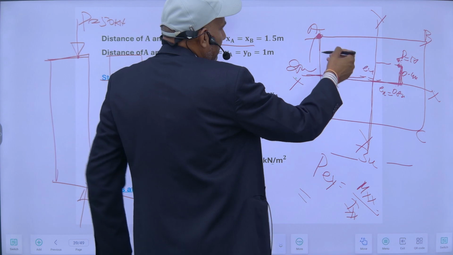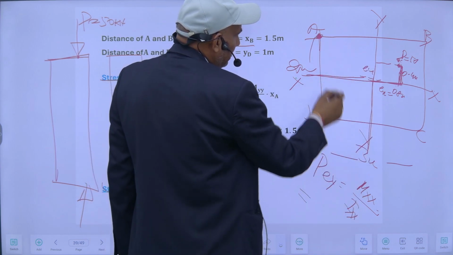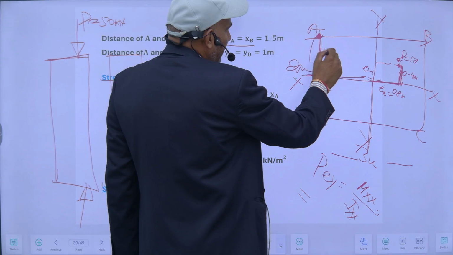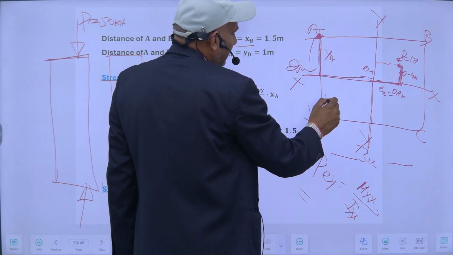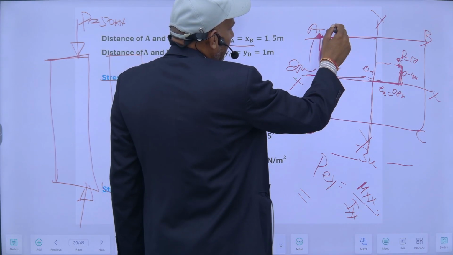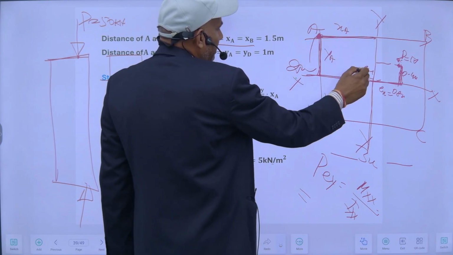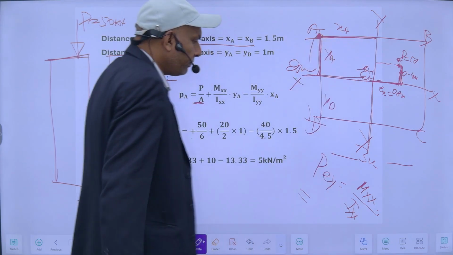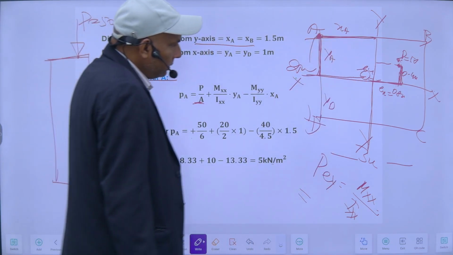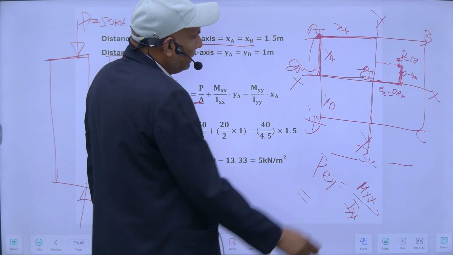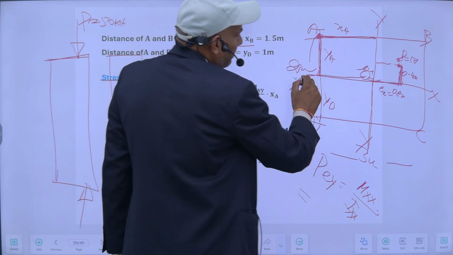Suppose if I am taking along about this axis, so it will be this distance. It is YA. This is YD. So this is XA. This is YA from this origin. So I am taking these points. Because of this load, there is a moment Mx.